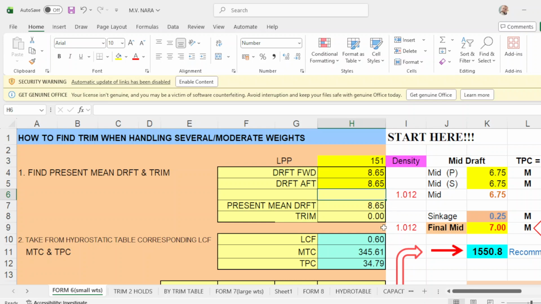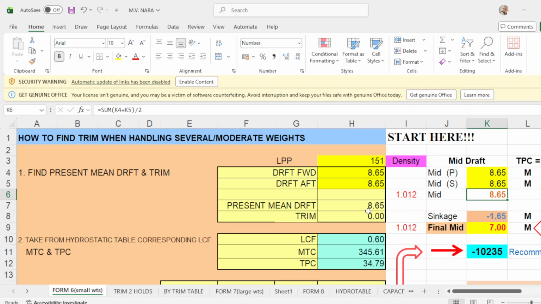So as the chief officer and the chief mate make visual readings around the vessel, and they found out that it's upright, so their reading in the port side mid draft can also be 8.65, and 8.65.